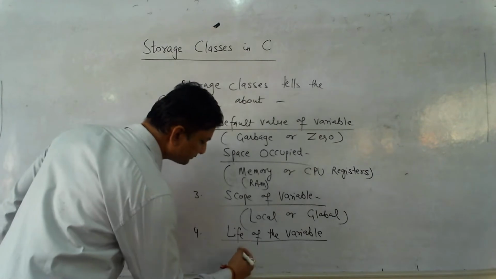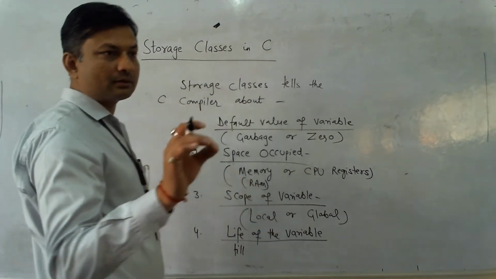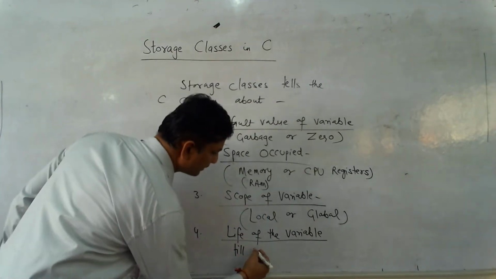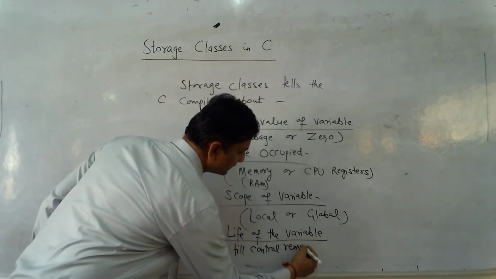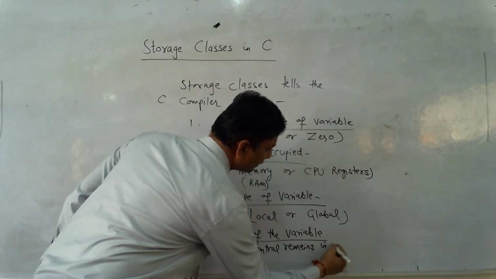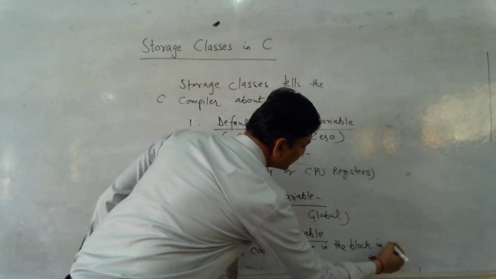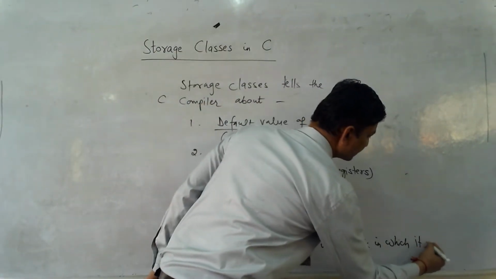Number one is that the variable will exist till control remains in the block in which it is declared.